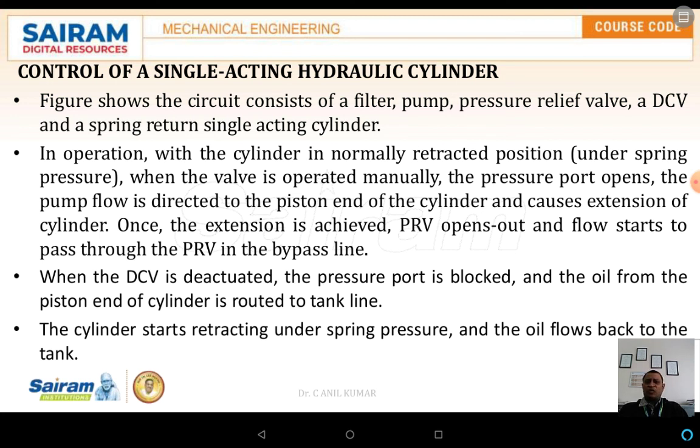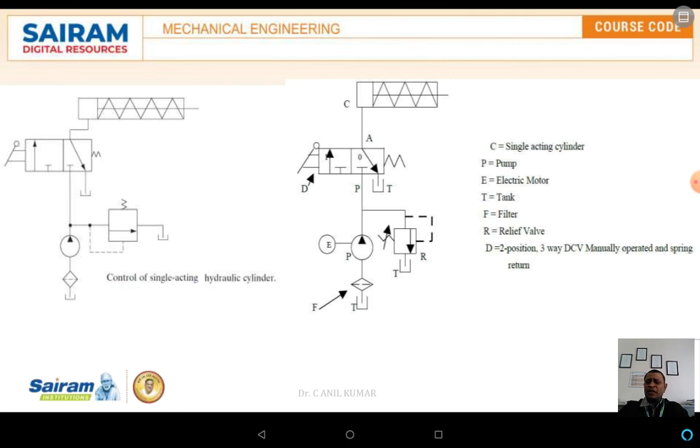At that time, the fluid flows in the reverse direction through the DCV valves, and it is accumulated in the tank. This is an explanation of a single acting hydraulic cylinder. The schematic diagram or the hydraulic circuit of a single acting hydraulic cylinder is also shown in this slide.